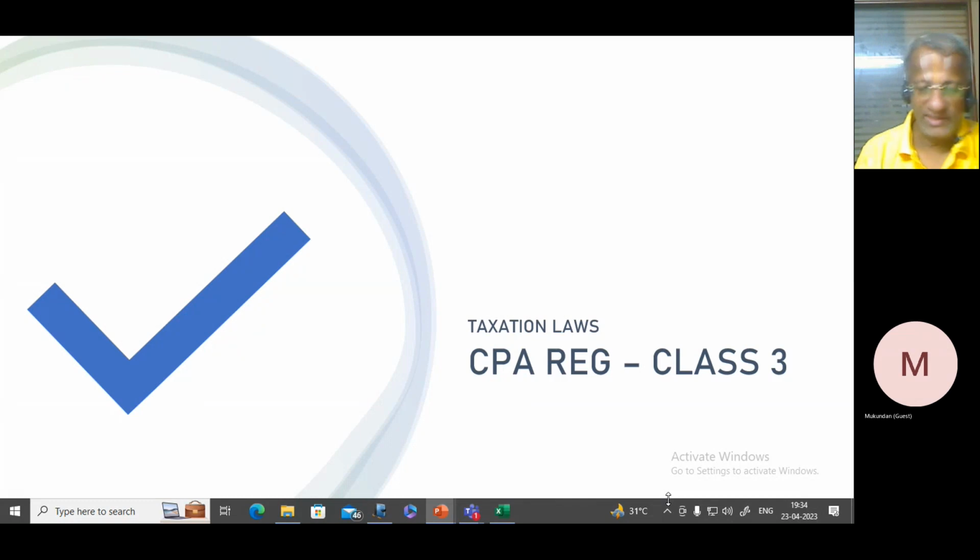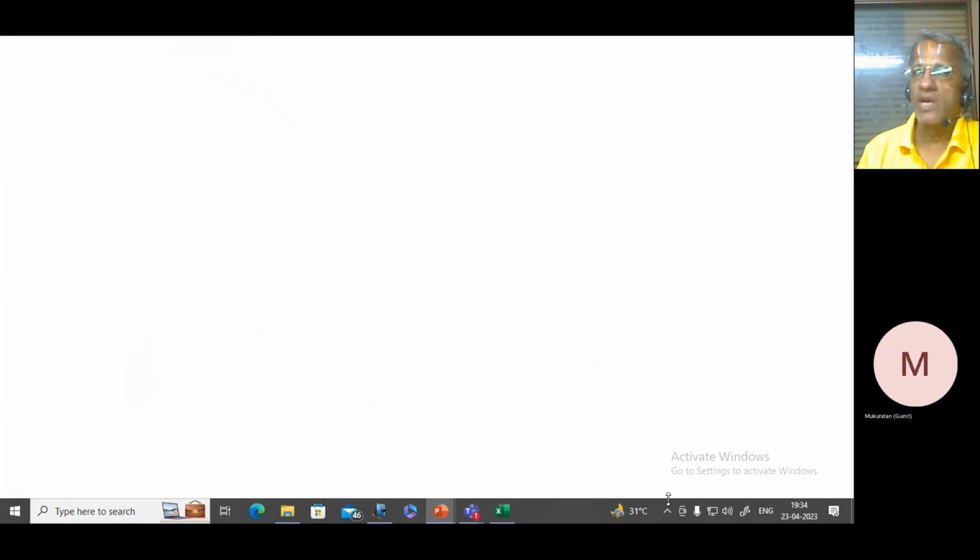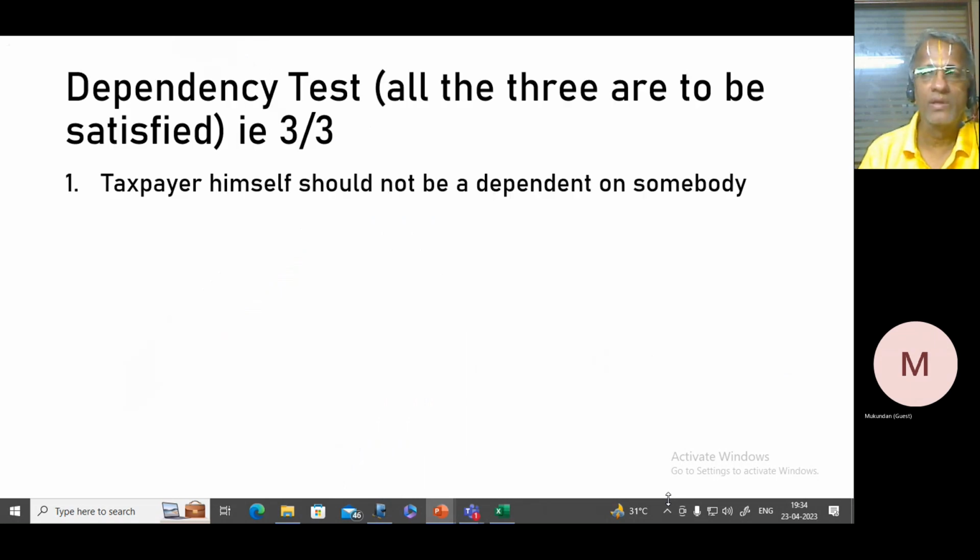On to individual taxation. Kindly recall the discussion we have just made in the last two classes, where for the dependency test there were three conditions, and all three conditions are to be satisfied. That is why the title itself is to be read as 3 by 3.